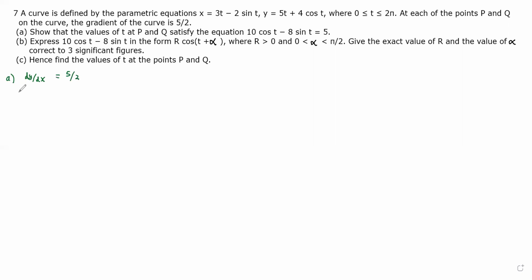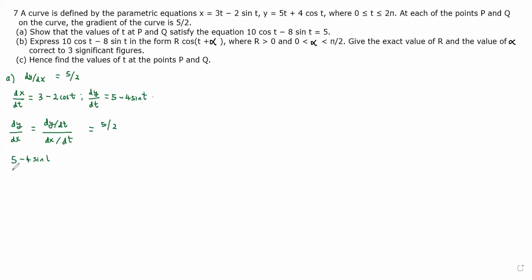To find dy/dx, we find dx/dt and dy/dt. x is 3t minus 2 sine t, so dx/dt is 3 minus 2 cos t, and dy/dt is 5 minus 4 sine t. dy/dx is given by dy/dt over dx/dt, and this should be 5 over 2.